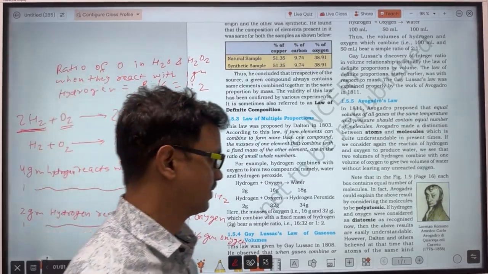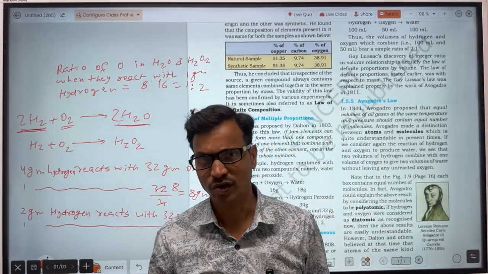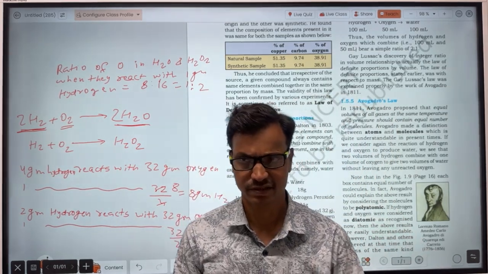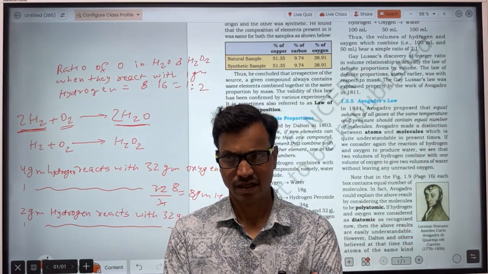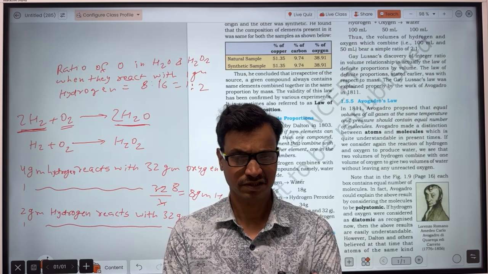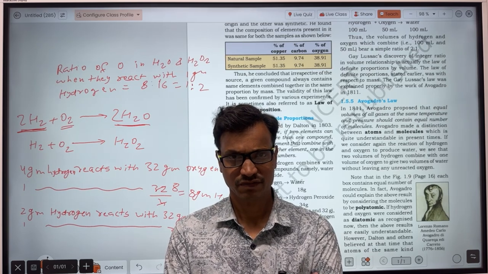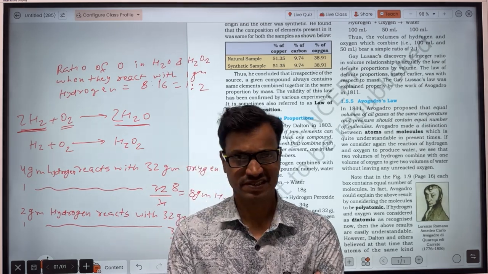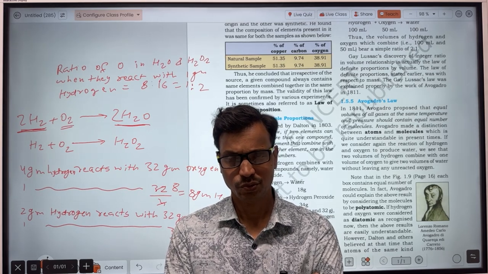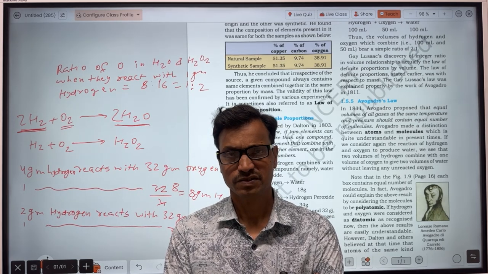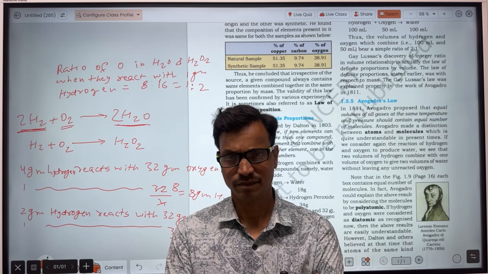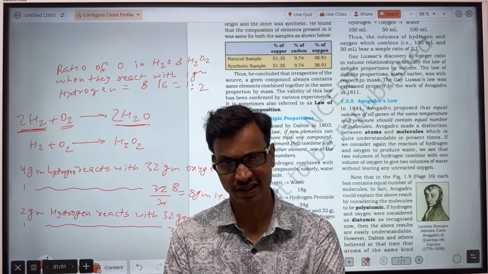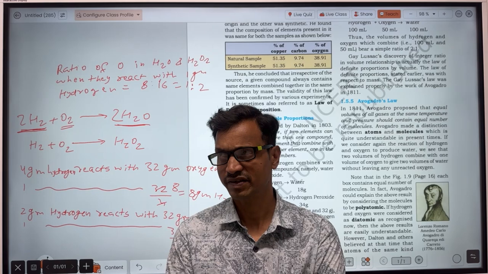That is, when two elements combine together to form two different compounds, then the ratio of a particular element which combines with a definite amount of the other element will always be a simple whole number ratio.